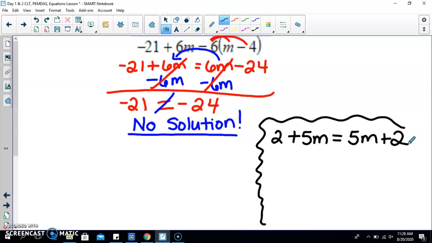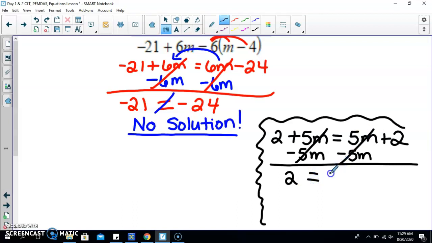When I go to solve and I subtract 5m from both sides, I would be left with 2 equals 2. 2 is equal to 2. That is a true statement. So if my variables cancel out and I'm left with a true statement, that would be all real numbers.